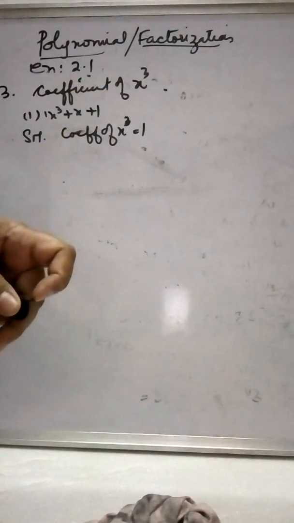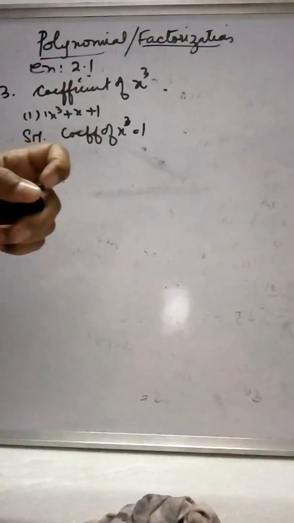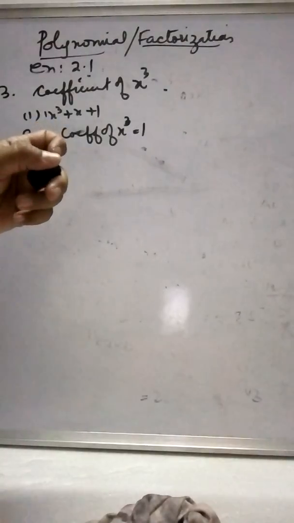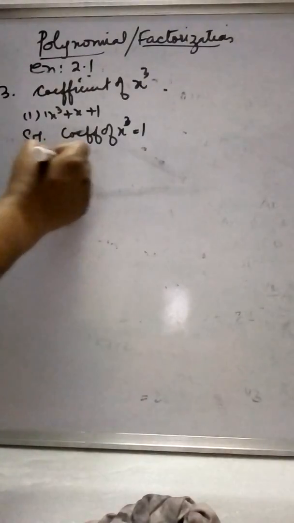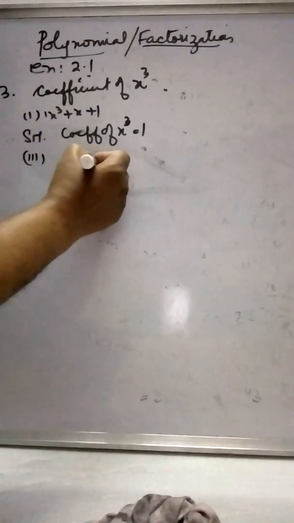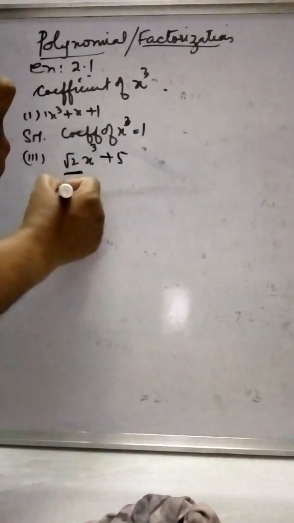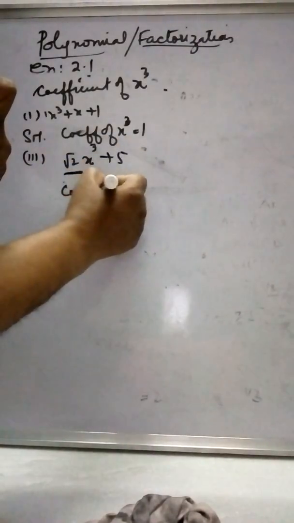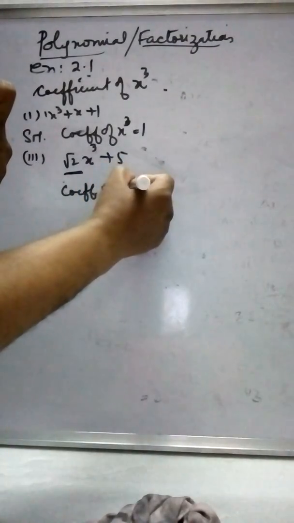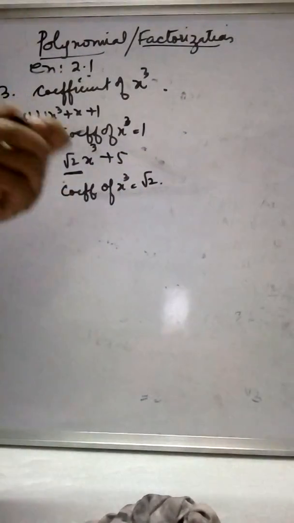Now the next one. The third one is given to you as root 2 x to the power of 3 plus 5. So here the coefficient of x cube is equal to root 2.